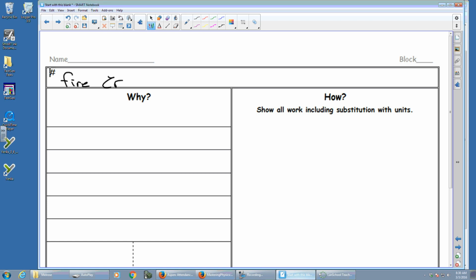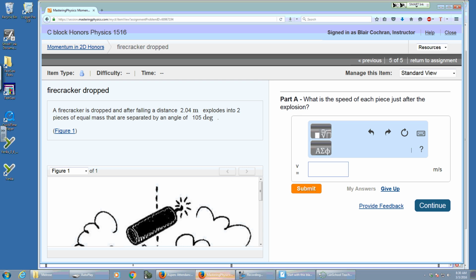So it is in free fall before it explodes. Do we call it exploding? Yeah.